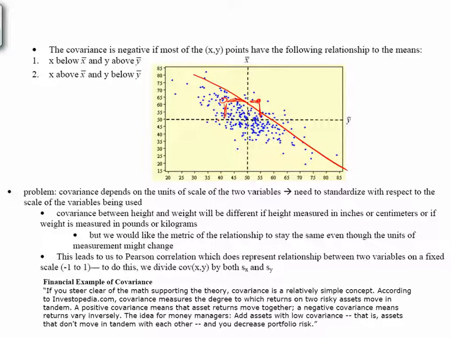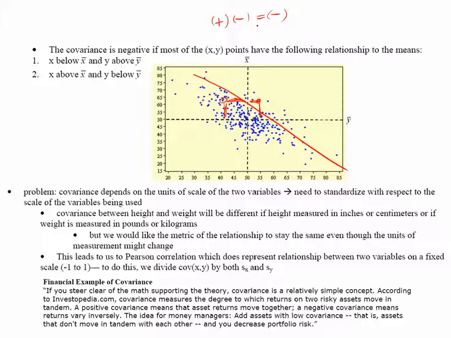So in the previous example, we would see that this would be a positive times a negative, and that would give us a negative correlation coefficient. If x is above the mean, y is below the mean, we get a negative times a positive. If x is below the mean and y is above the mean, then we get a positive times a negative.